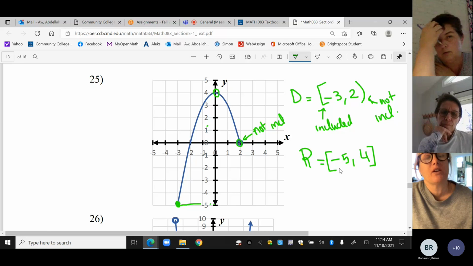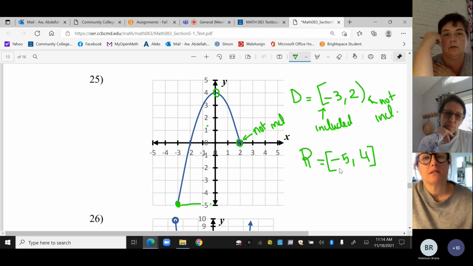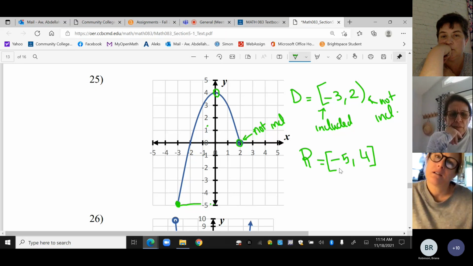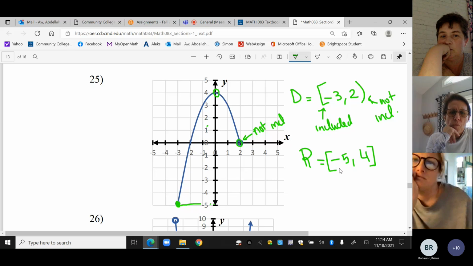Even if the graph doesn't end, we can put a hole in a curve. The circle I put around 4 doesn't mean the graph does not end there. The graph keeps going, but it's now two pieces.